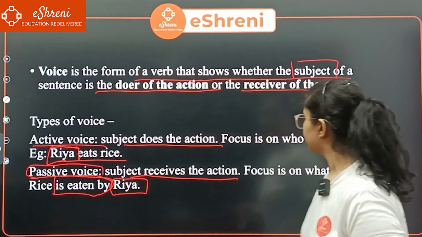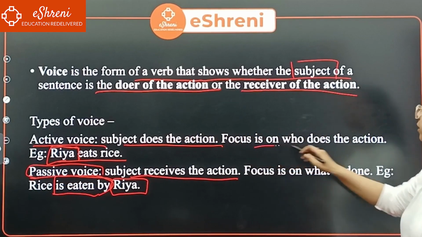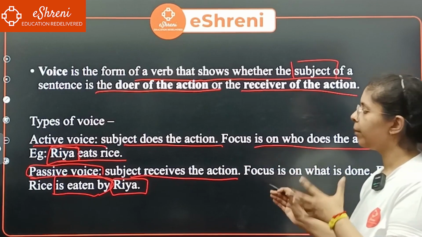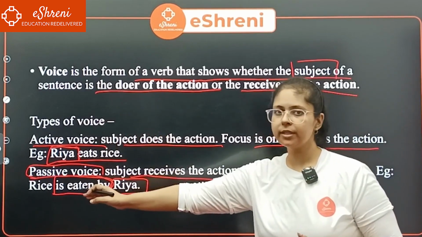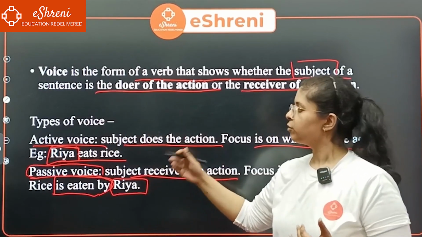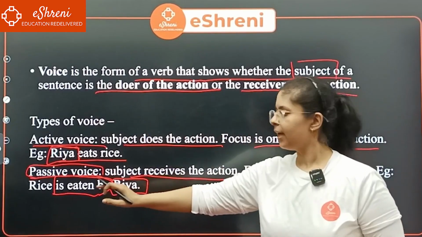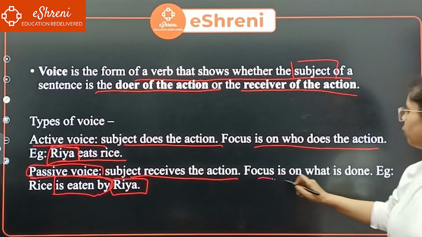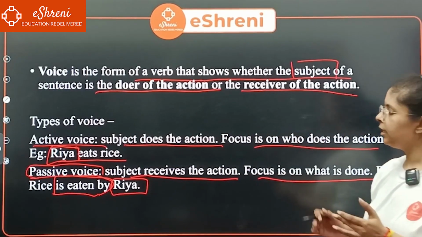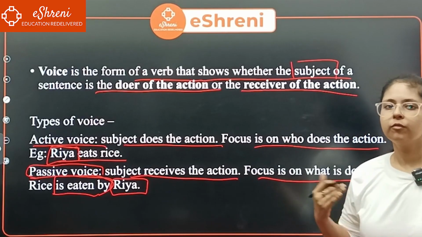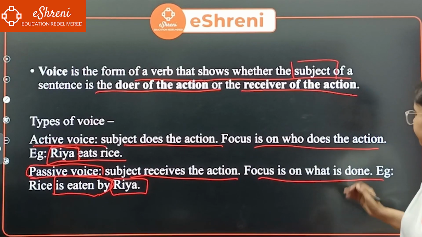In active voice the focus is on who does the action. Here Ria does the action, so the focus is on Ria. In passive voice the focus is on what is done, so more importance is given to what was done.